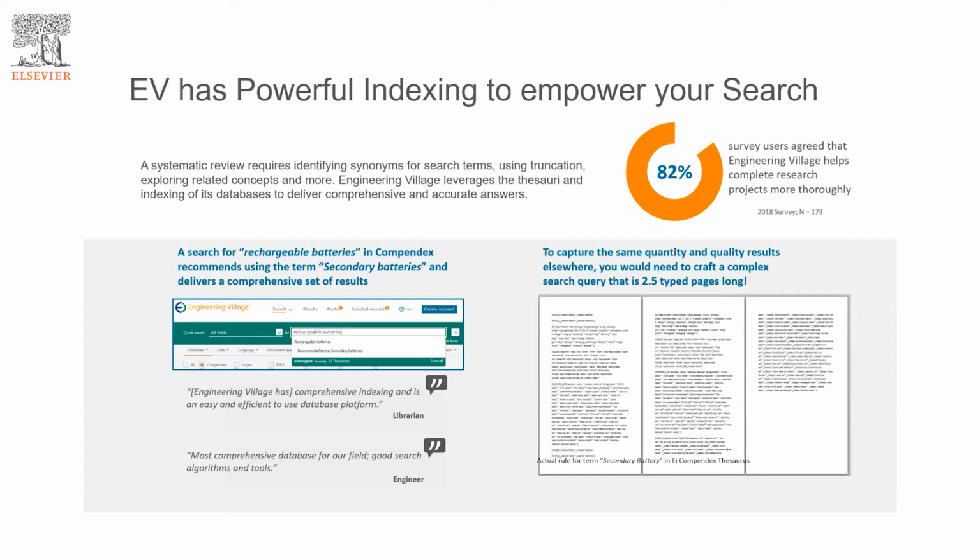It's a cool little graphic that you can't see very well, unfortunately, because it's so small, but on the right-hand side is the actual rule that composes how we would look through all the articles and other content that come to us to formulate a search for that simple rechargeable batteries search you would do there on the left side. So a lot of work goes into making custom indexing to help you search.